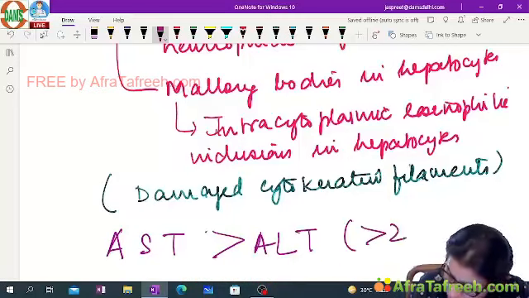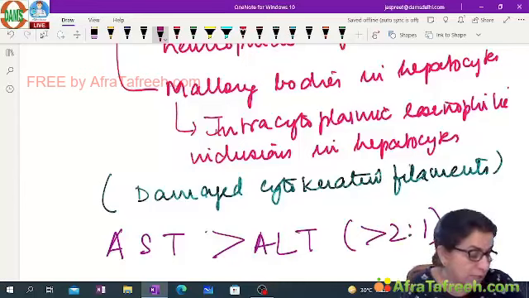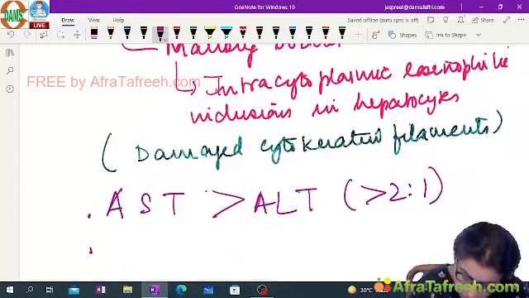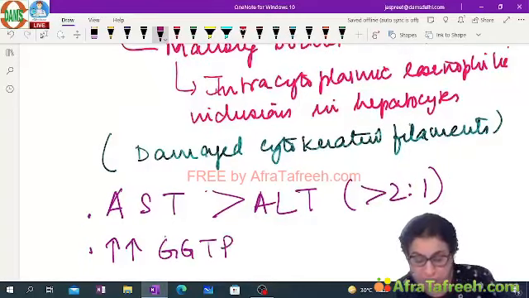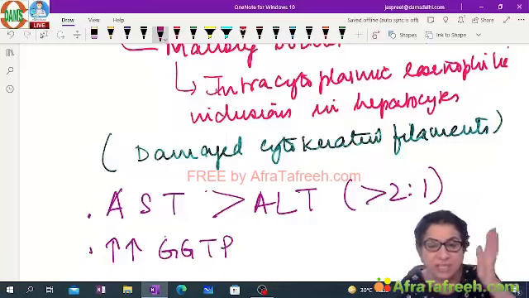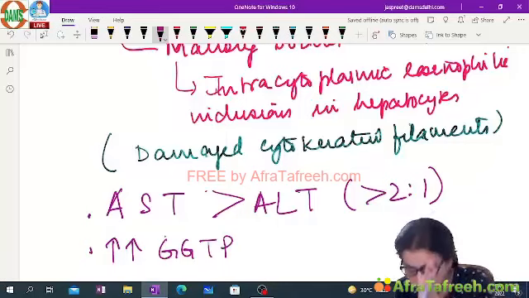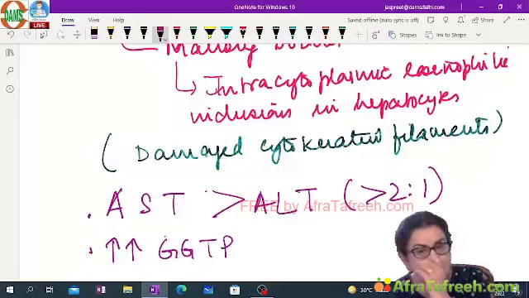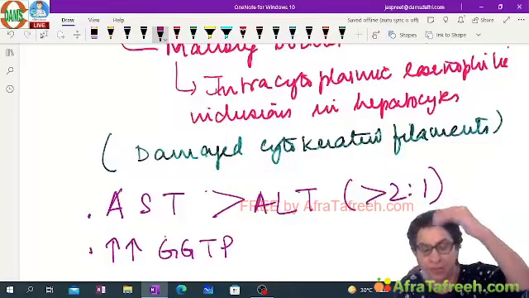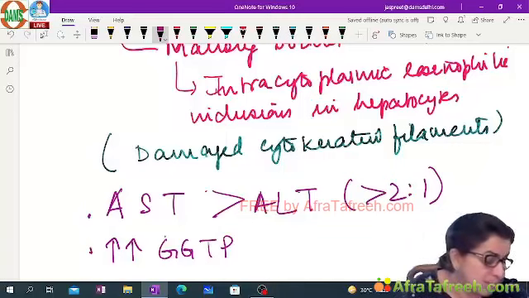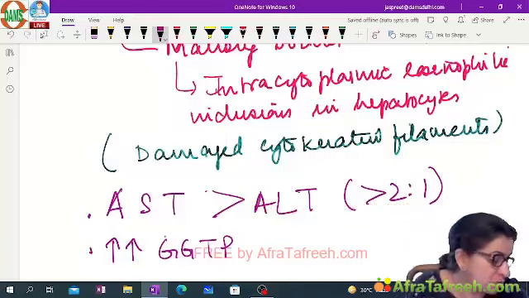Usually more than 2:1. And in addition, also there is raised gamma glutamyl transpeptidase, raised GGTP. So we did this yesterday. So both are raised, but AST will be raised more than 2 times ALT, and gamma glutamyl transpeptidase is also raised.